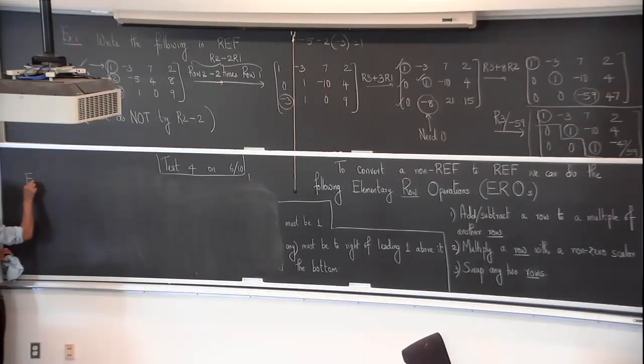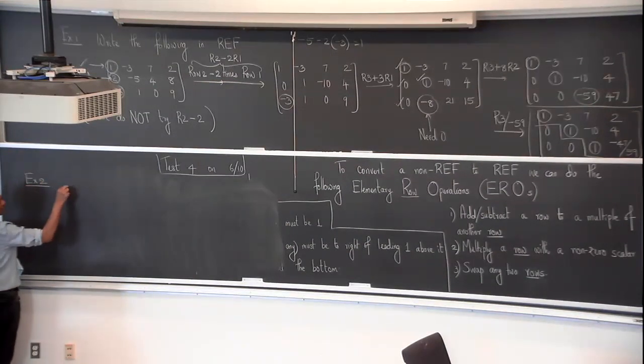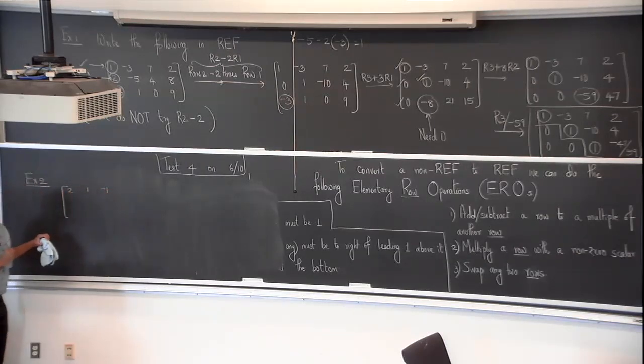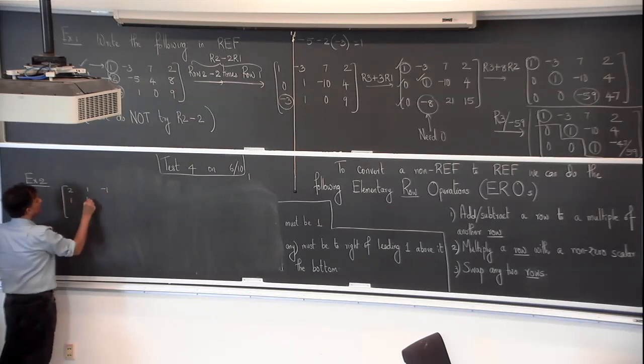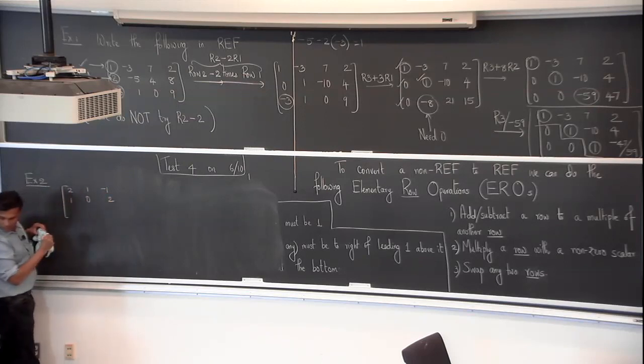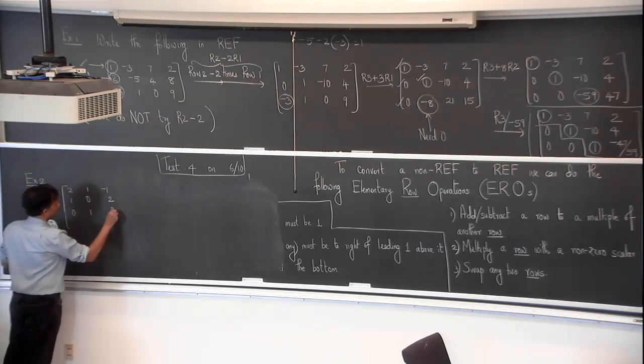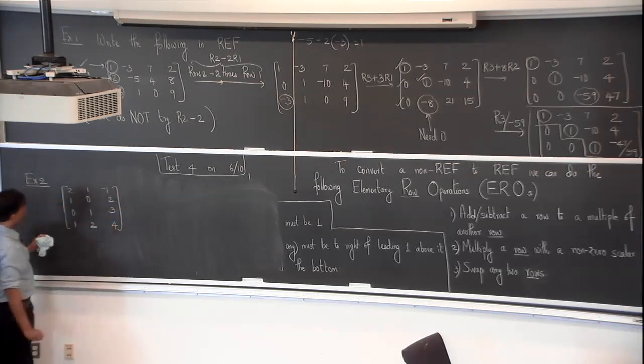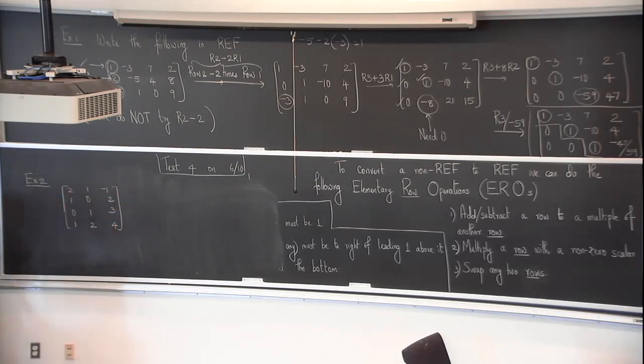Example 2. Write the row echelon form for the following matrix: 2, 1, -1, 1, 0, 2, 0, 1, 3, and 1, 2, 4. So it's a 4 by 3 matrix.